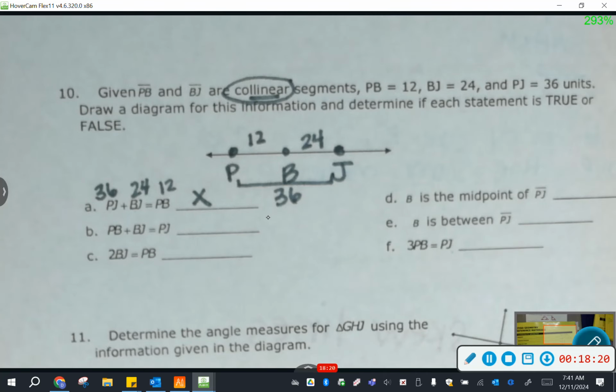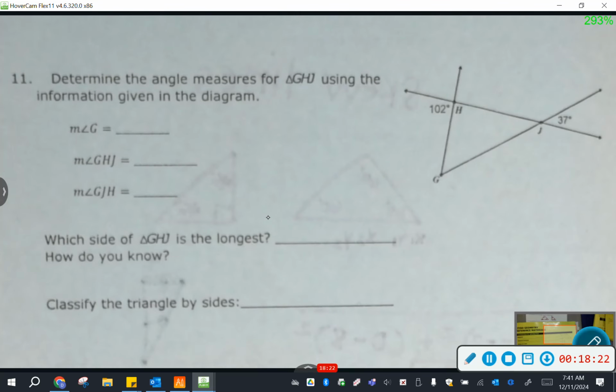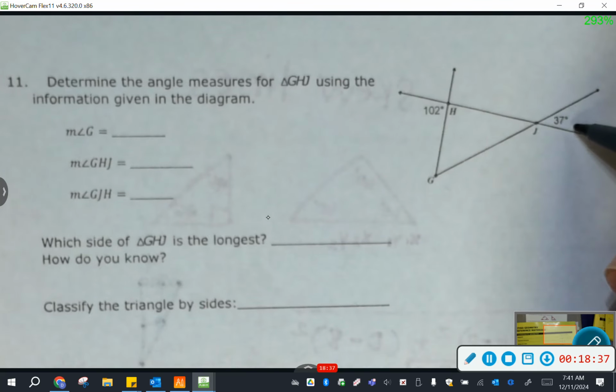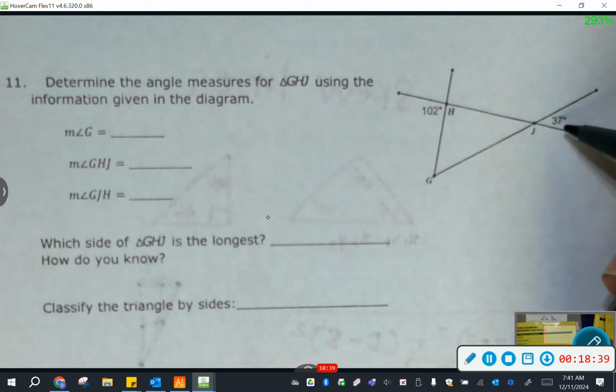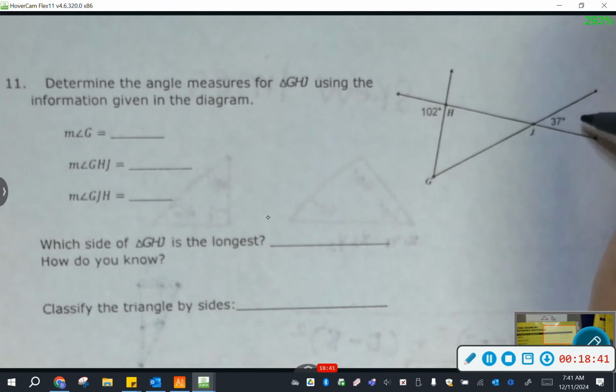All right. Next question. Ooh, this is a good one that we mess up a lot. First of all, I see this 37.